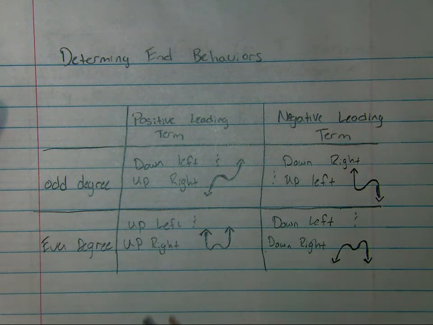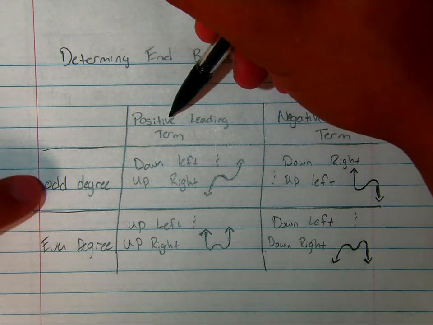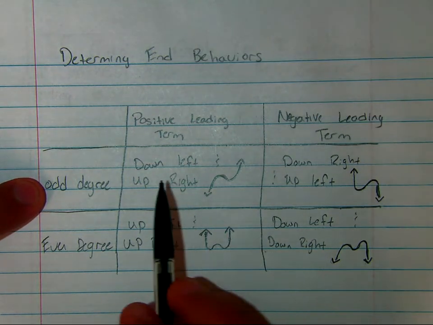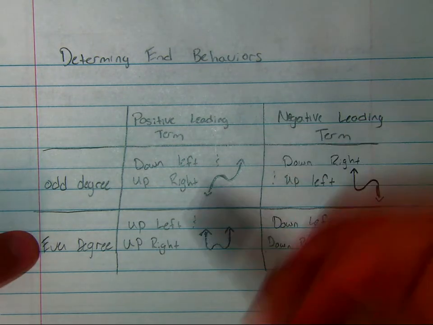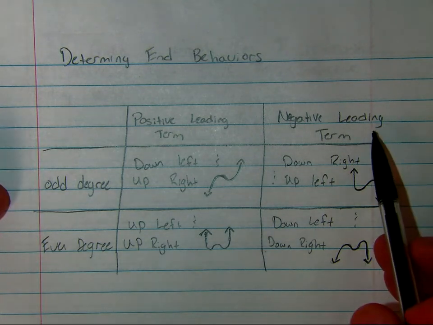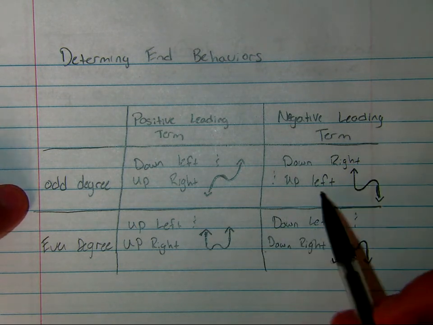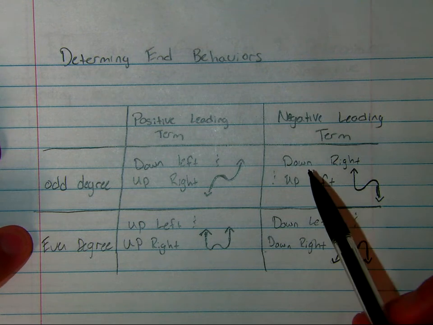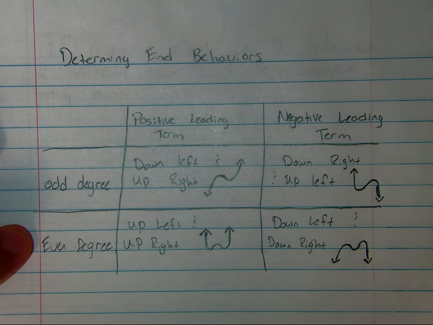If my leading term is positive and I have an odd degree, I go down left and up right. A positive leading term and an even degree, I go up left and up right. A negative leading term and an odd degree, I go down right and up left. A negative leading term and an even degree, I go down left and down right.